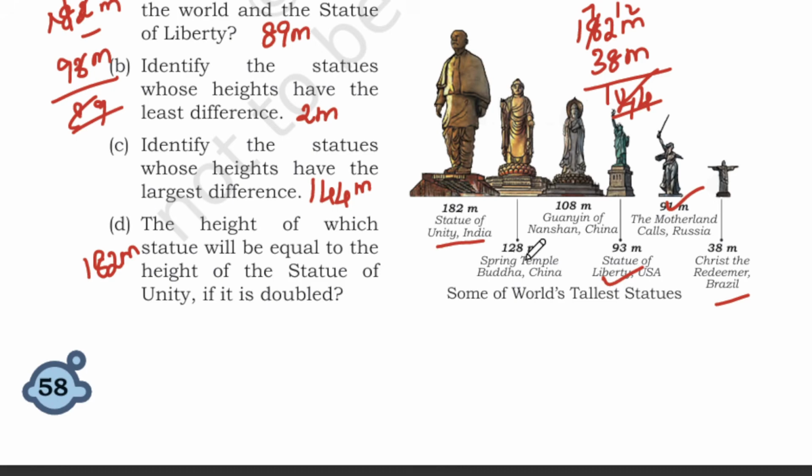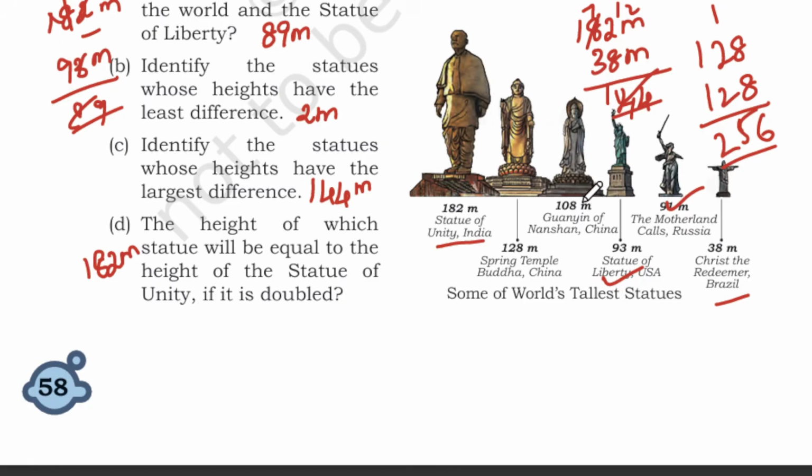First we will see the Spring Temple Buddha. It is already 128, and if you double it, it will be more. Let's double and see. 128: 8 plus 8 is 16, 2 plus 2 is 4, 4 plus 1 is 5. It's 256. No, this is not the one.